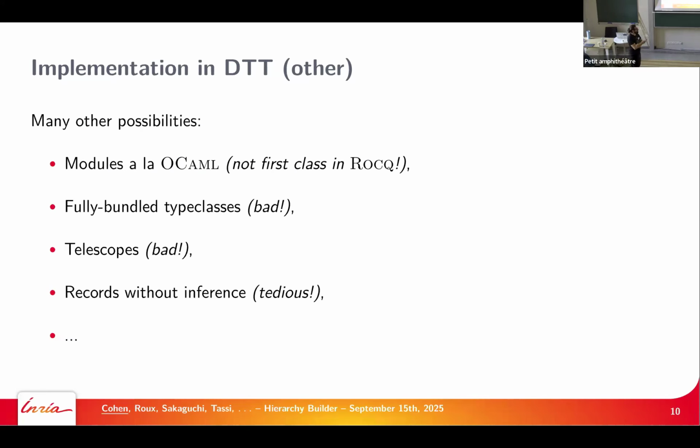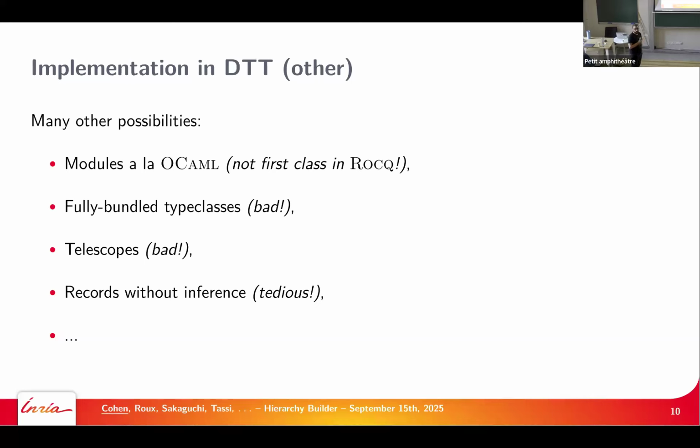So there are many other possibilities, and they've all proven very tedious or really bad. It happens that the fully bundled classes are really bad because they don't allow proper indexing. Telescopes have proven very, I mean, if you don't bundle a type with its class, then you have many inefficiencies in the usual unification algorithms.